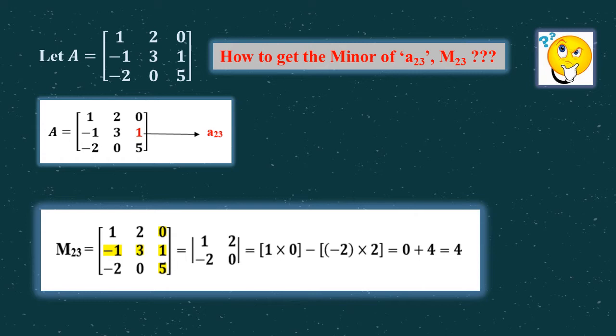Now I hope you know how to get the value of this determinant. We multiply the principal diagonal elements 1 into 0, and in the other multiplication it is a negative sign. So minus of minus 2 into 2. So you'll get the answer 4. So the minor of a23, that is capital M23, is 4 here. Remember, keep it in mind.